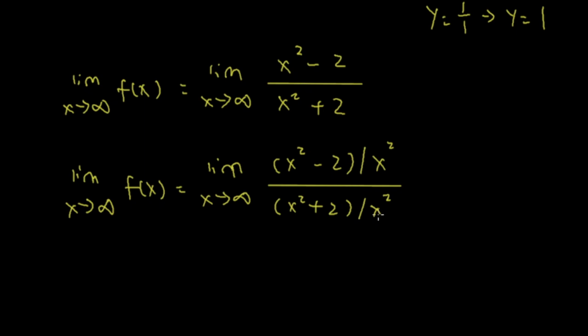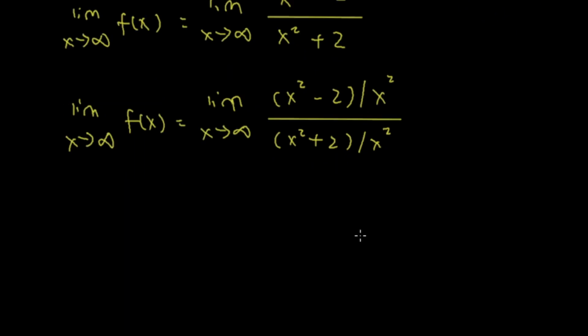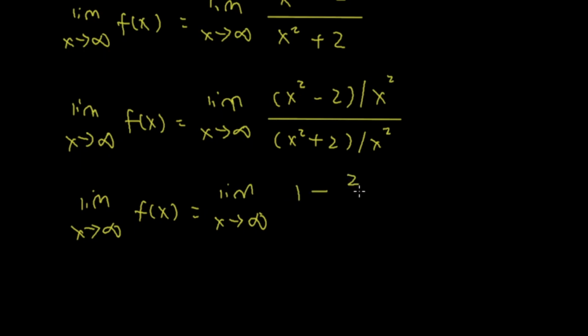Okay, but in this case, what would this be? Now, x squared over x squared is 1, so the top is 1 minus 2 over x squared. Here, x squared over x squared is 1, so the bottom is 1 plus 2 over x squared. The left side is still the same. This will be the limit as x approaches positive infinity of (1 minus 2 over x squared) divided by (1 plus 2 over x squared).